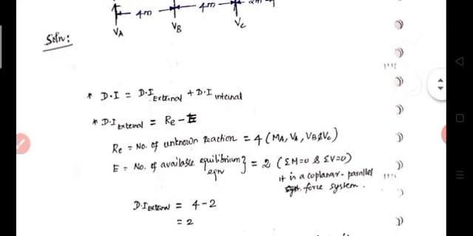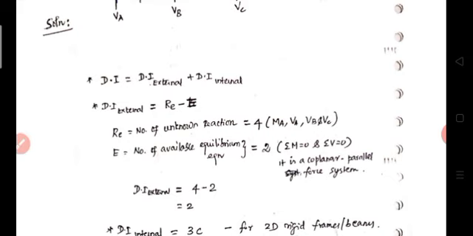I already told you the first thing is to determine the degree of indeterminacy, or redundancy, of the structure. The degree of indeterminacy consists of two parts: one is external indeterminacy, another one is internal indeterminacy.